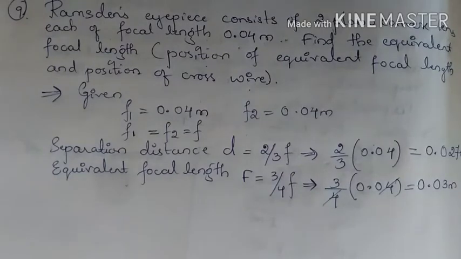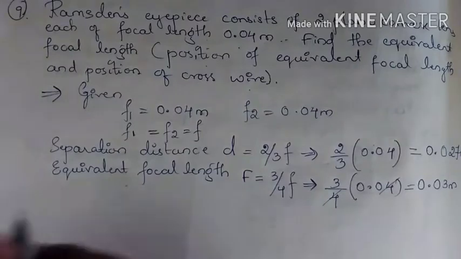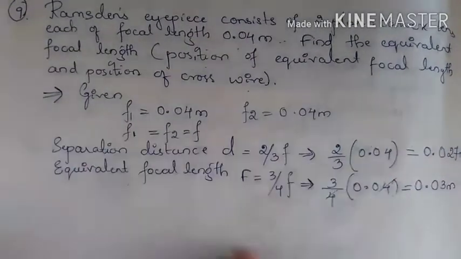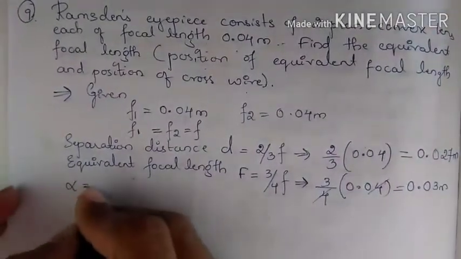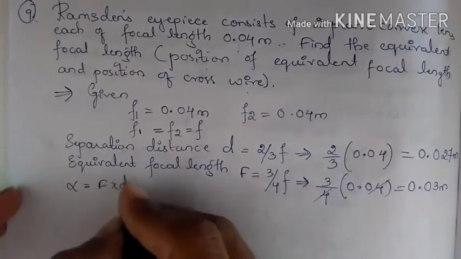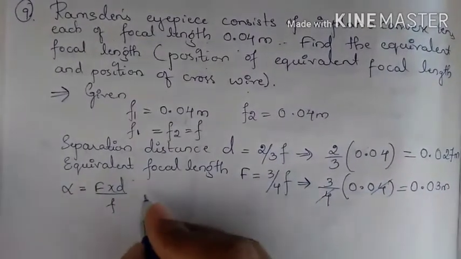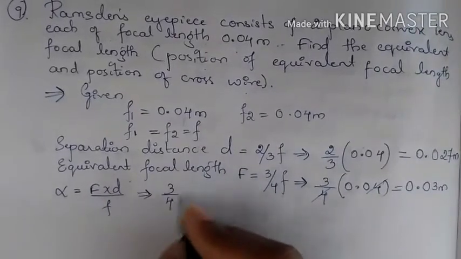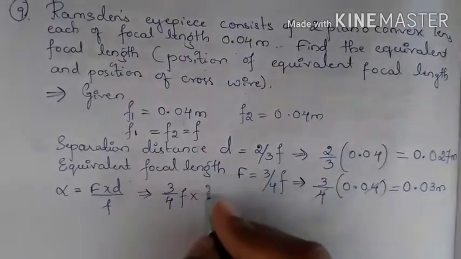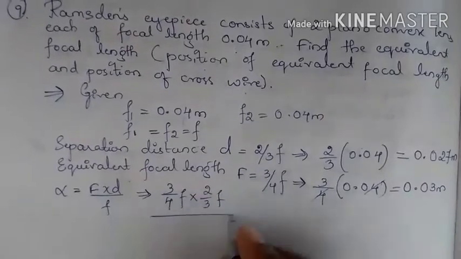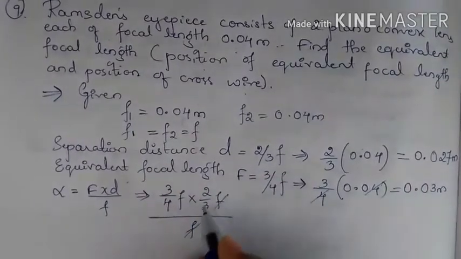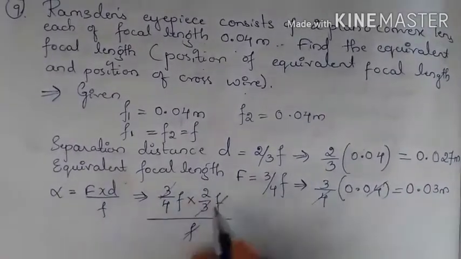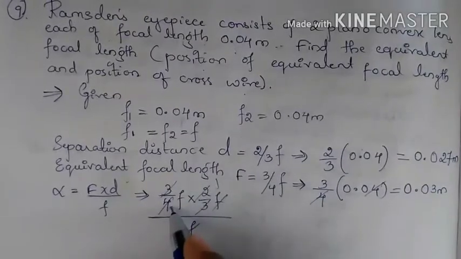Now let us find the position of the equivalent focal length. That is alpha is equal to F d by f. F we know is 3 by 4 f, d also we know is 2 by 3 f, divided by f. F gets cancelled, 3 will also get cancelled. 2 1s are 2, 2 2s are 4.